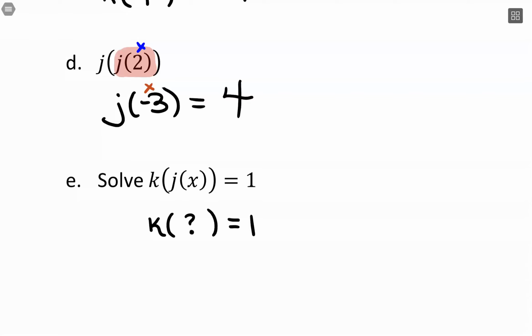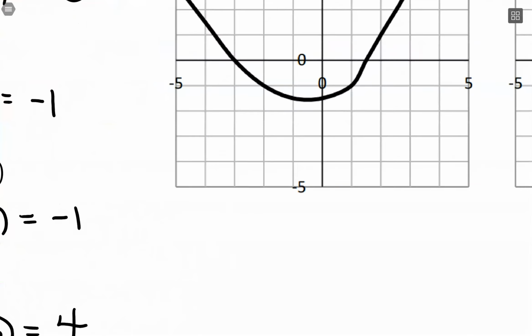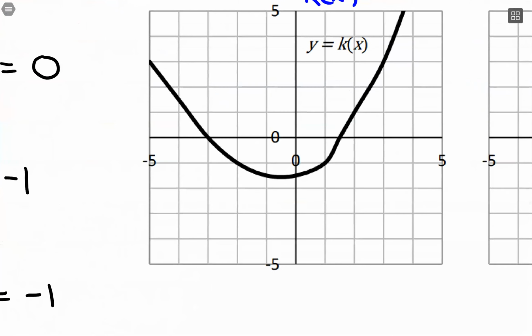How we do that with our graphs is we find all x values where we have outputs of positive 1. We can visualize that by looking at the horizontal line at positive 1. So let me draw that horizontal line at positive 1, and we want to look at these intersection points.